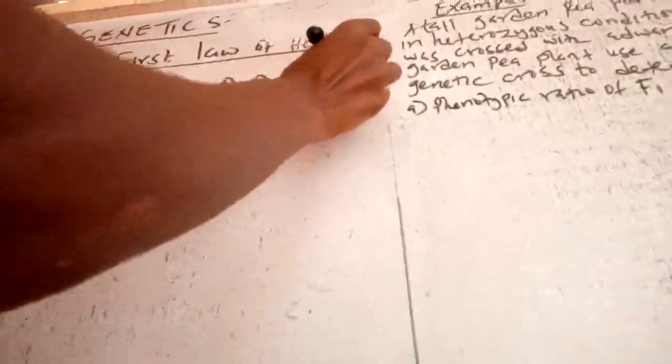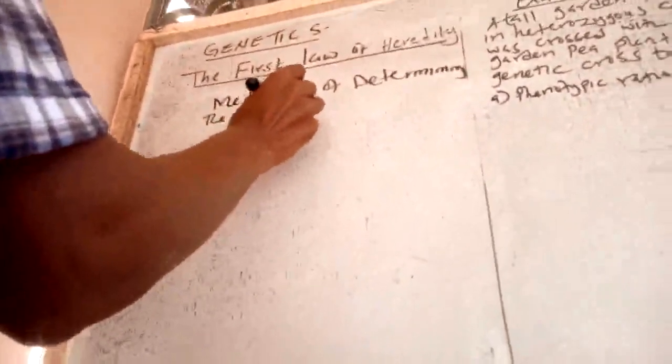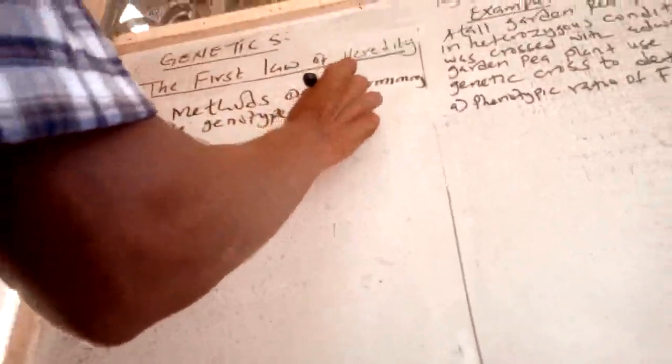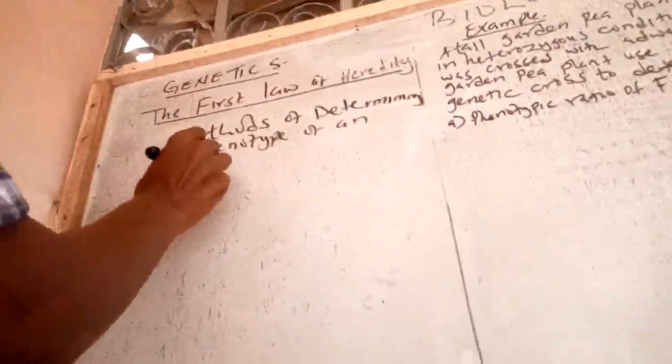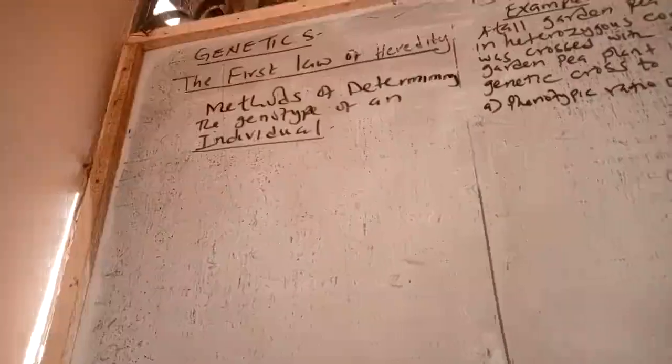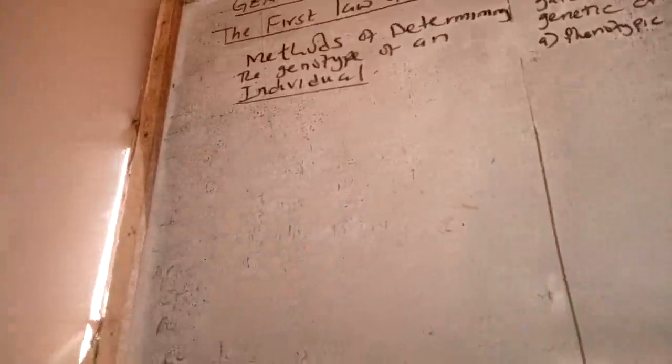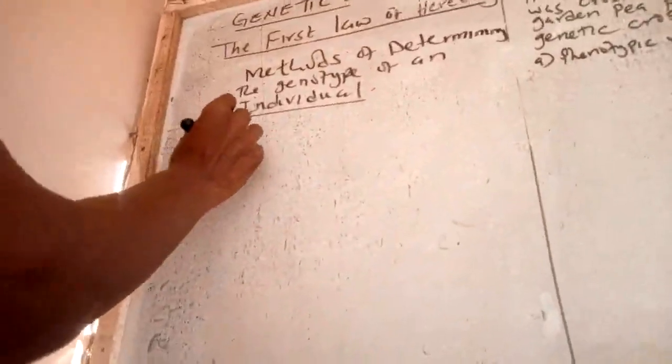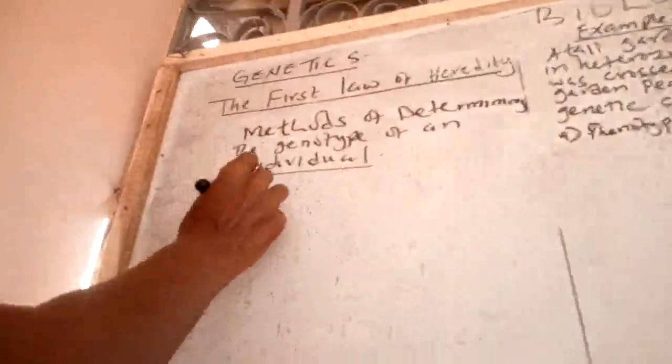We can use methods of determining the genotype of an individual. So we can have various methods, and the various methods that we normally employ so that we can study the genotype of an individual.